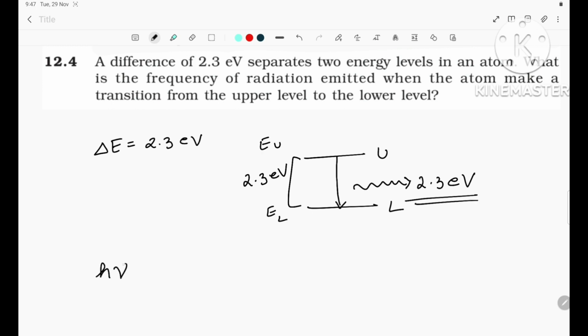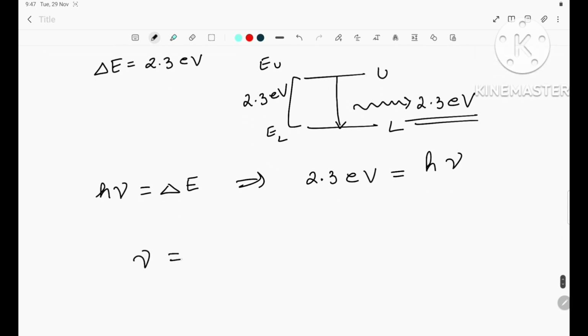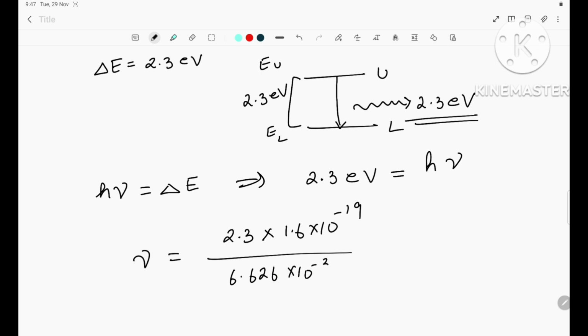That means h nu is equal to delta E, correct? So we have 2.3 electron volt is equal to h into nu. They are asking us to calculate the frequency. So nu is equal to 2.3 into 1.6 into 10 to the power of minus 19, because we want to convert electron volt to joule, divided by 6.626 into 10 to the power of minus 34 joule second, that is your Planck's constant.